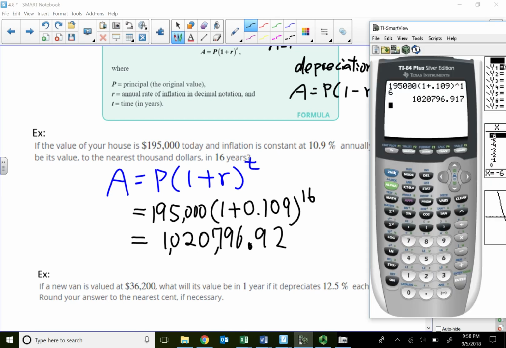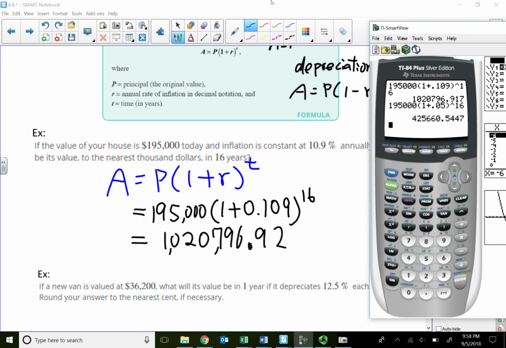If we just change this to a 5% inflation rate, just 5%, 0.05, for 16 years, the house becomes a little bit over $425,000.